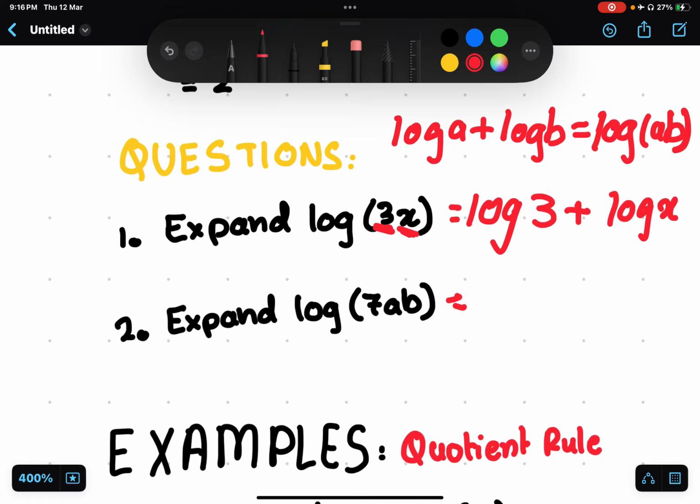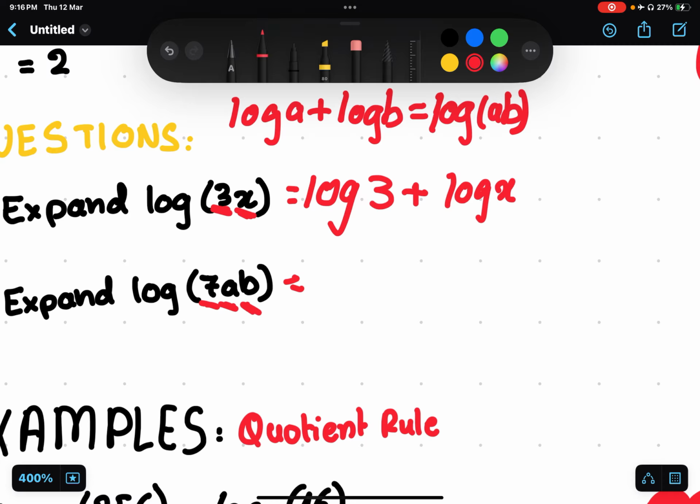So 3, 2, 1. I hope you've paused the video and given it a go. If not, again, let's solve it together. So we've got 3 numbers over here, and we can fully expand this, by the way, even if there are 3 numbers.